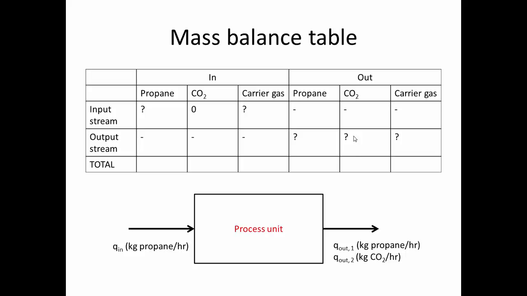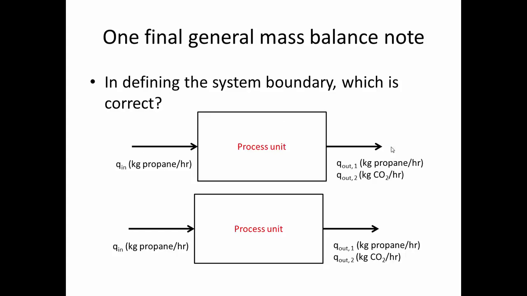We now have a certain amount of carbon dioxide, and depending on the stoichiometry of the conversion, propane to carbon dioxide, that would dictate exactly how much is in the propane portion and how much is in the carbon dioxide portion of each stream. And then the amount of carrier gas would be the same, because again, if it is there, we would assume that it is a tie component. Okay, and so with those things, if we had values for anything, we could then solve our mass balance.